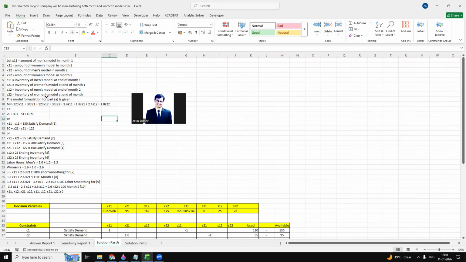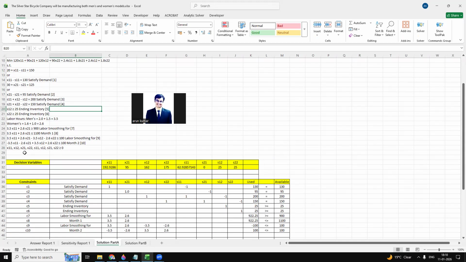These are all the variables. As per the question, our goal is a minimization approach, so I've provided the minimization, which is subject to these constraints. These are all our constraints.